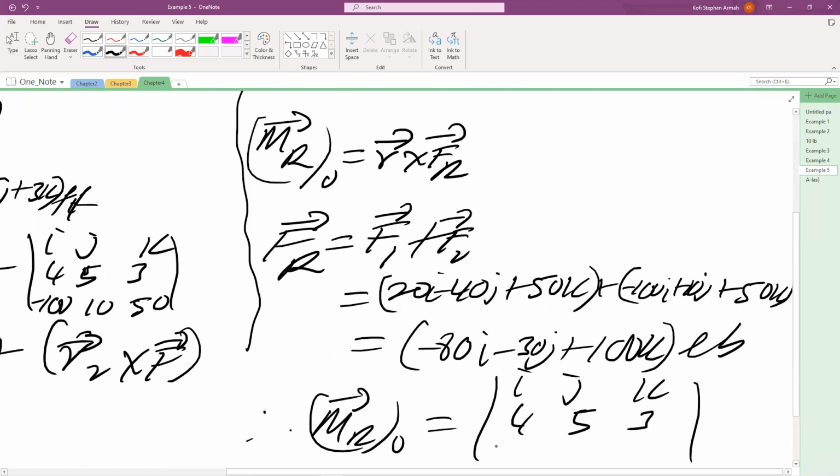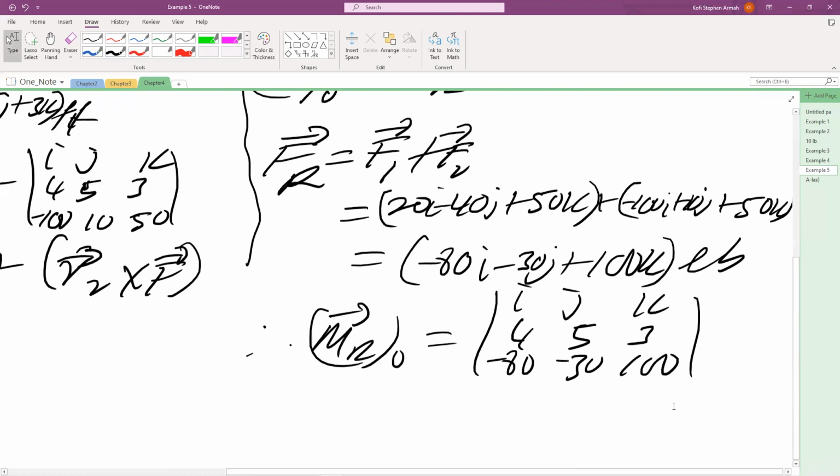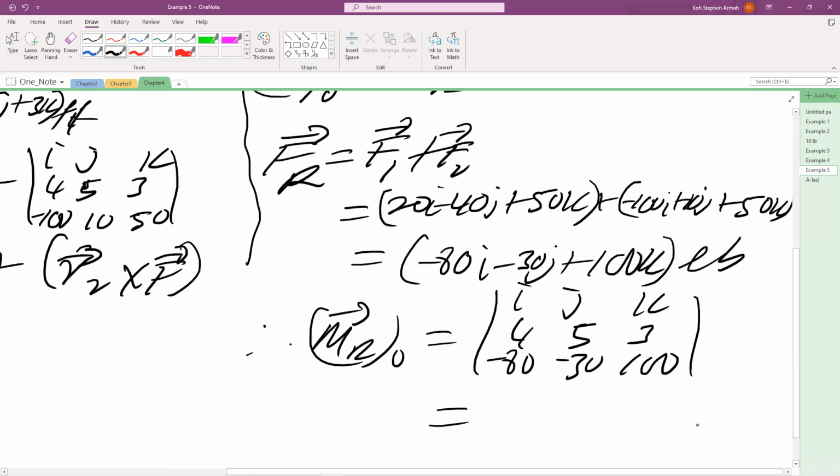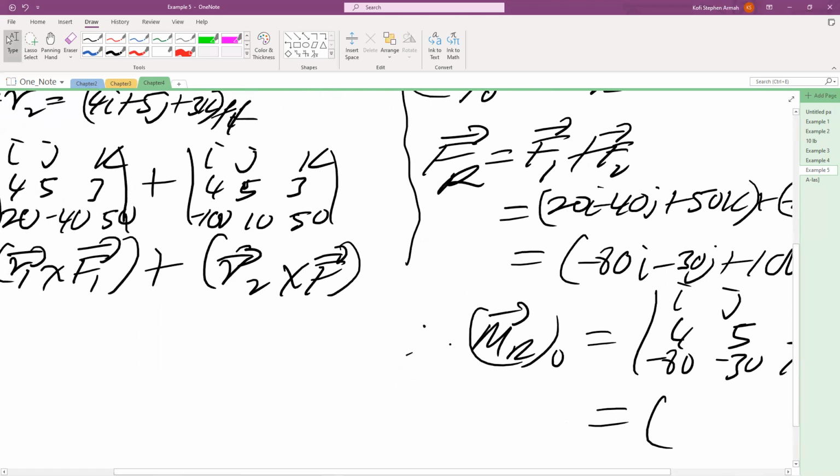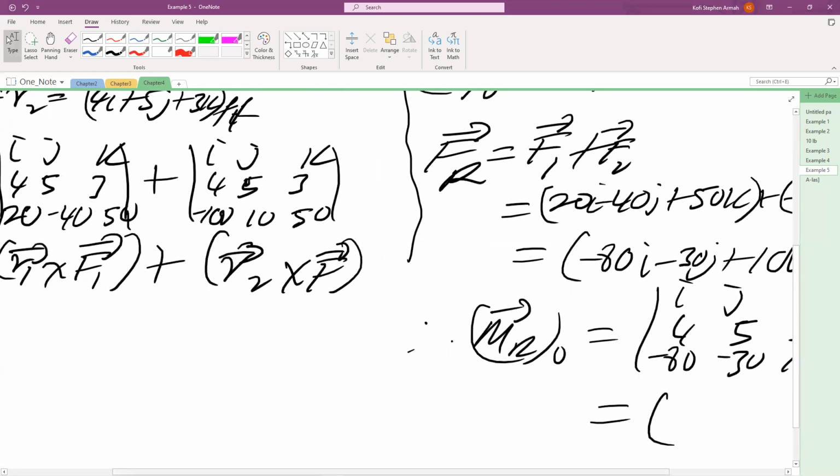And then you put your resultant here, which is minus 80, minus 30, and then 100, and you are done. If you evaluate this, which is going to be in pound-feet, you get the same answer as if you do the two determinants.